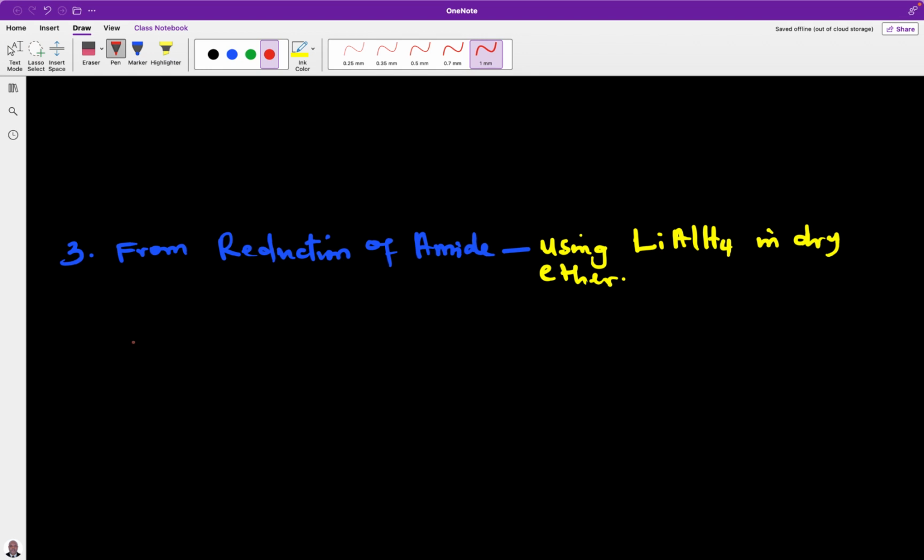For this reduction, we are going to use an amide, and a good example is CH3, our CH3 amide. I say an amide contains a carbonyl group and an amino group. Then we will need again 4 hydrogens. These 4 hydrogens are going to do what?